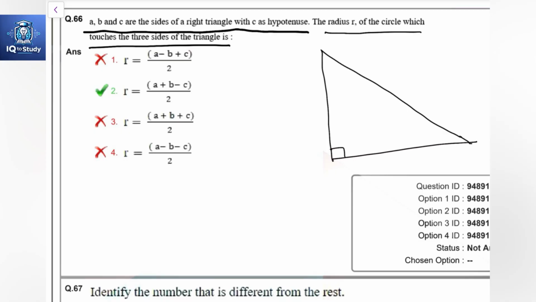And they have given C as hypotenuse and A, B, C are sides, and R is the radius of the circle which touches the three sides of a triangle. Let's draw a circle which is touching all the sides. And R is radius.